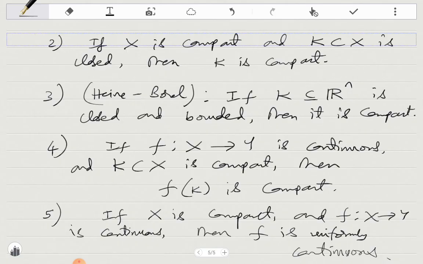Now, in Rn, instead of finite closed intervals, the analogues would be closed balls of finite radii, and a continuous function with domain a closed ball would be uniformly continuous.